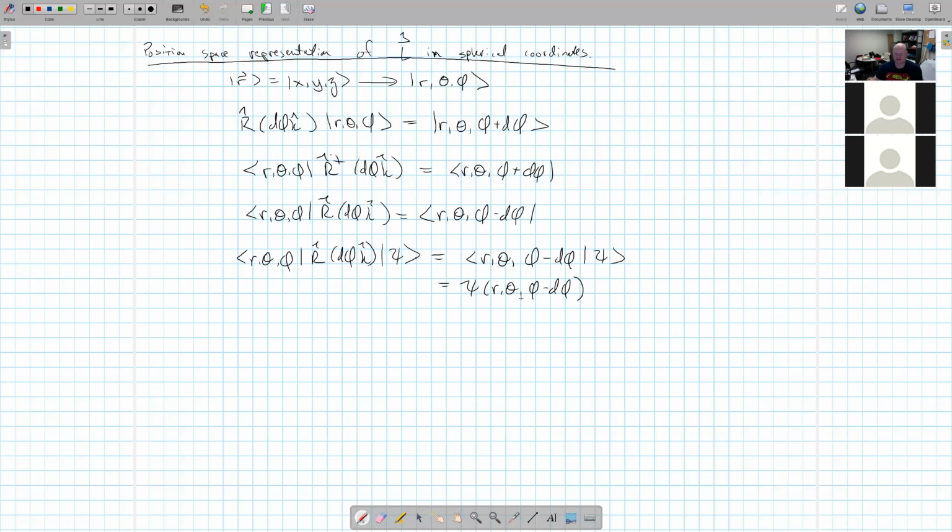Now here, if we assume that d phi is much, much smaller than phi, we can actually do a Taylor series expansion about d phi here. So this thing is going to be approximately equal to psi of r, theta, phi minus d phi times the partial with respect to phi of psi of r, theta, phi.